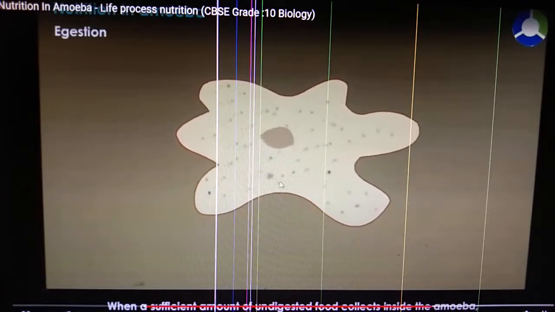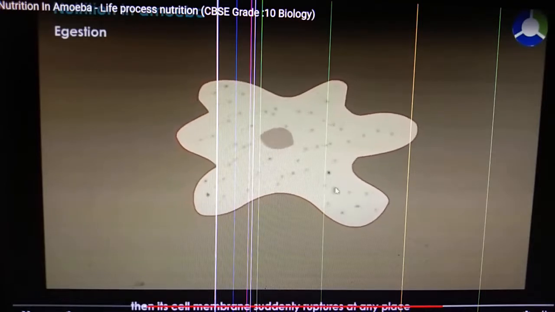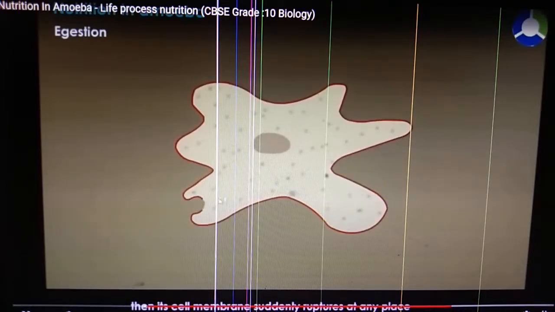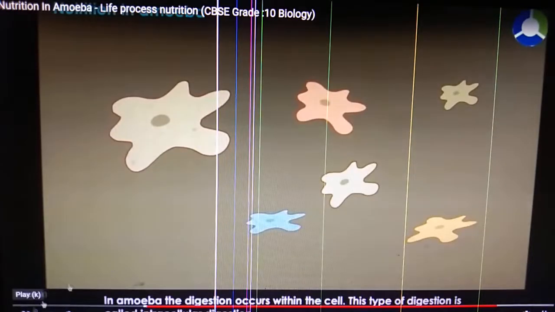See, this is the waste material. Check how it is thrown out. The cell membrane captures this waste material, and through the cell membrane it is thrown out of the body by the process of egestion. So this is how nutrition takes place in the amoeba.